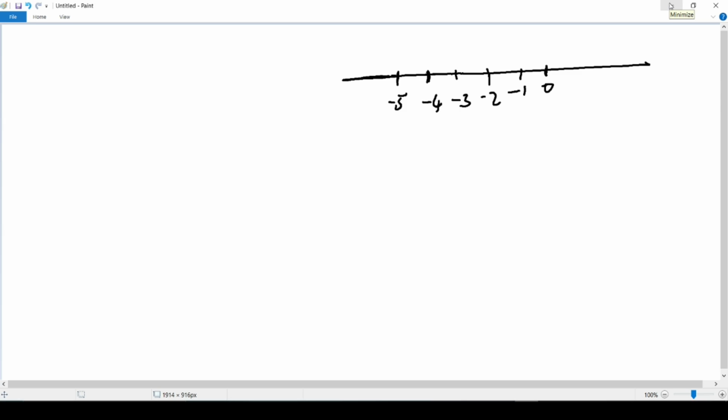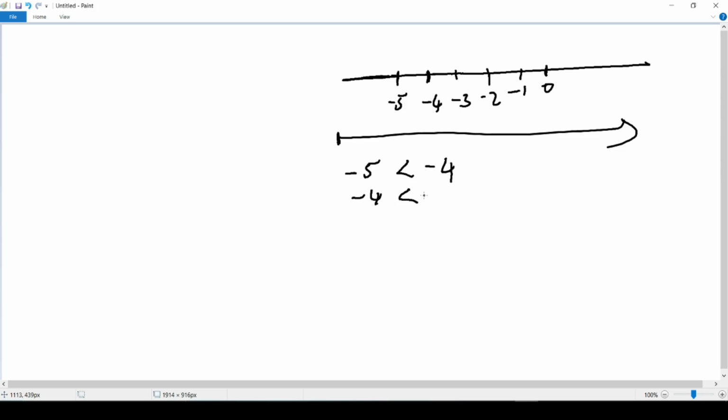So what about negative numbers then? Same thing, as we move from left to right, numbers still increase. So -5 is less than -4, -4 is less than -3, -3 is less than -2, -2 is less than -1, right?